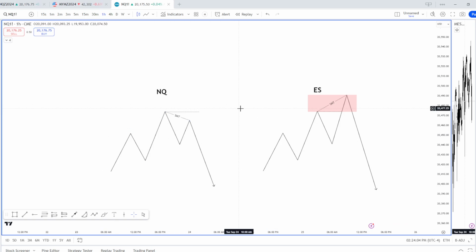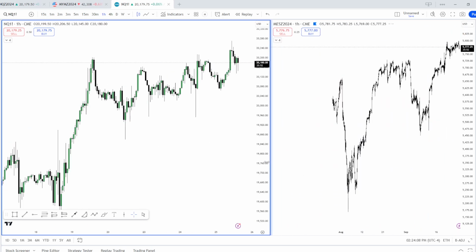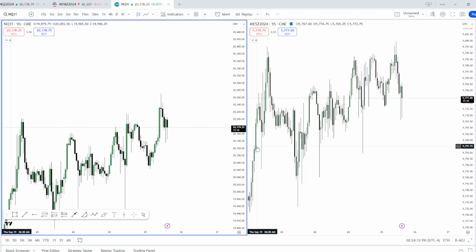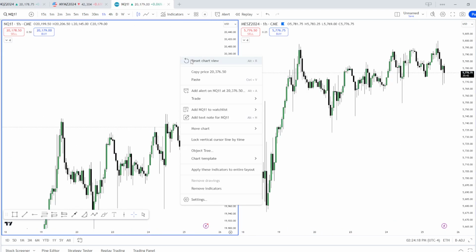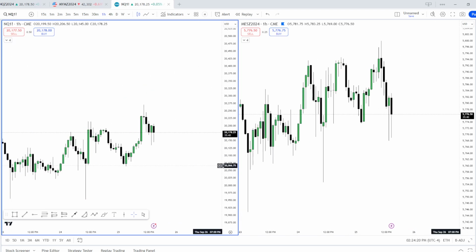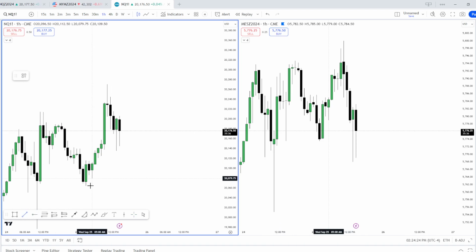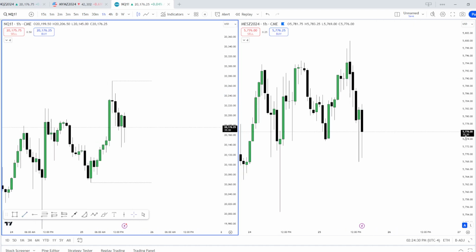Now that I've shown you these little line drawing examples, I can actually go onto the chart and show you a real example that is happening right now. If we go onto both of these charts, on the left I have NQ, and on the right I have ES. If I reset both of these and zoom in, NQ formed this short-term low and this short-term high on the hourly time frame, right?